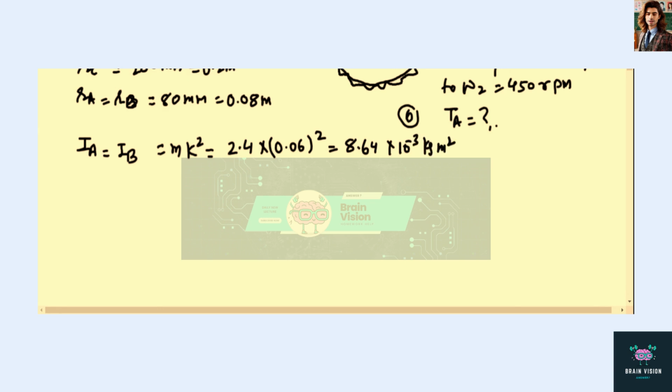Moment of inertia of gear C: mass is 12, radius of gyration is 0.15, so it would be 270 into 10 to the power minus 3 kg meter square.